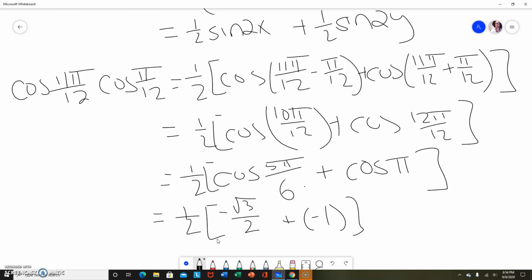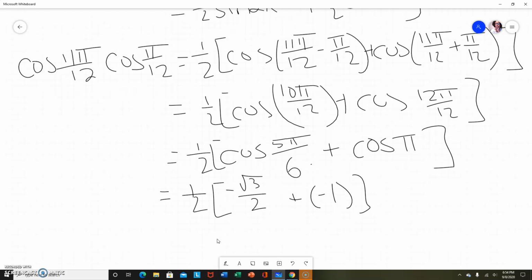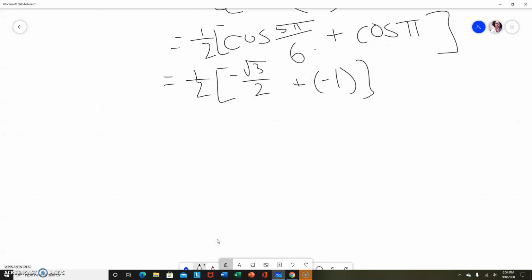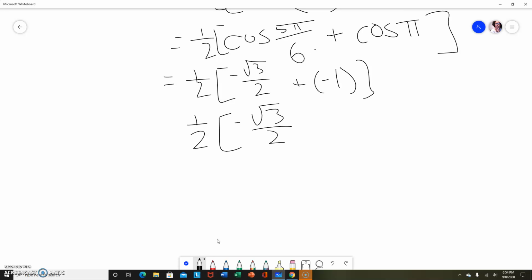All right, so now I need to evaluate. First I will do the parentheses because I have to follow the order of operations. So that's negative root 3 over 2 plus, we'll say negative 2 over 2. Okay, so I get 1/2.